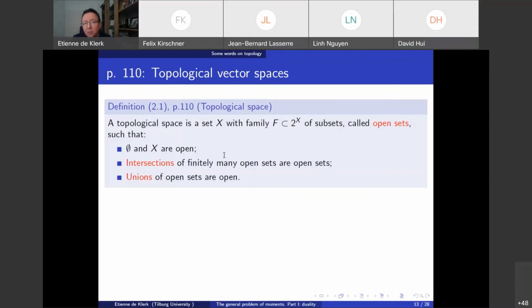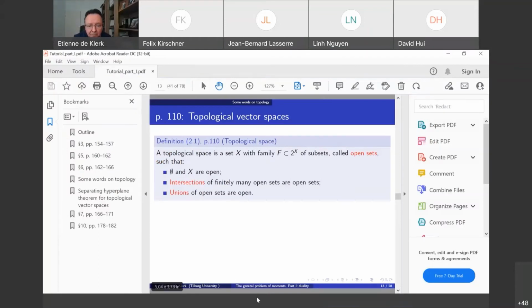And if we can define neighborhoods of points, we can define continuity. So let me just quickly explain this, because if you're not familiar with it, it is slightly difficult.